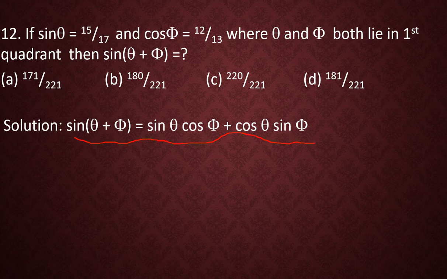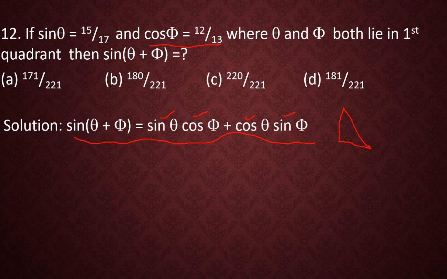We already know the value of sine theta, that is 15 by 17, and the value of cos phi is 12 divided by 13. Now we have to find the value of cos theta and sine phi. Consider one right angle triangle.